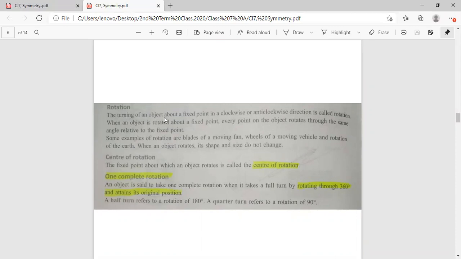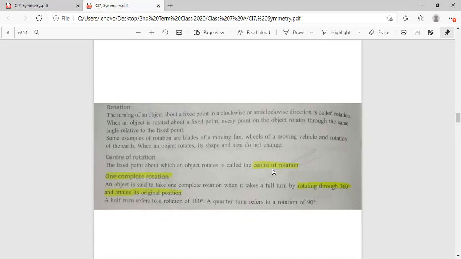So the turning of an object about a fixed point in a clockwise or anti-clockwise direction is called rotation. Just now we saw about a fixed point, the hands of the clock moved. Similarly, we find that blades of a moving fan rotate about a fixed point and so on. The fixed point about which an object rotates, that fixed point is called the center of rotation.